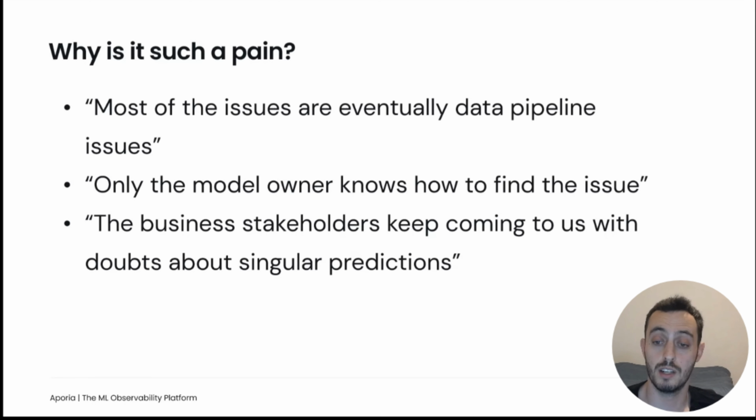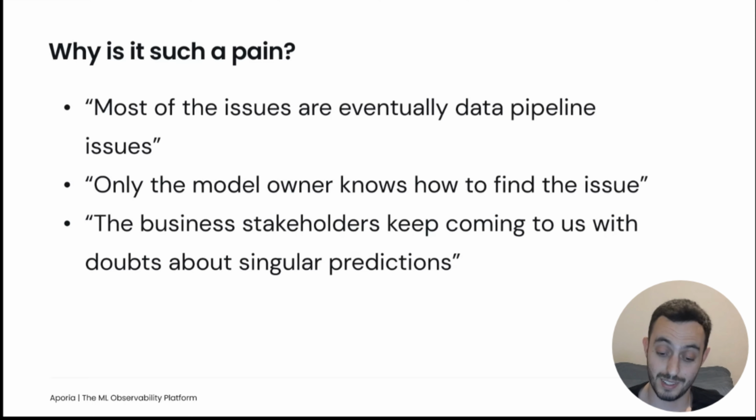So it's not even the data scientist's issue, and he's literally debugging for other people. And that's insane, because the data scientist's time is a more expensive resource. So having him debug other people's issues is obviously not healthy for a business.